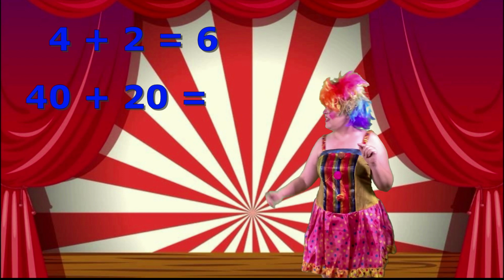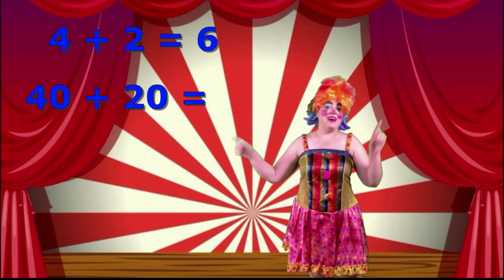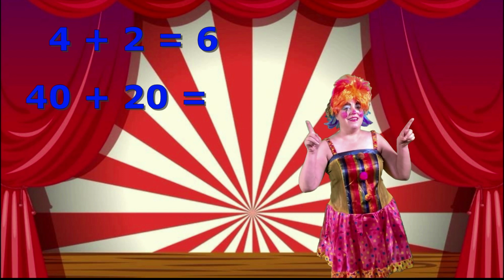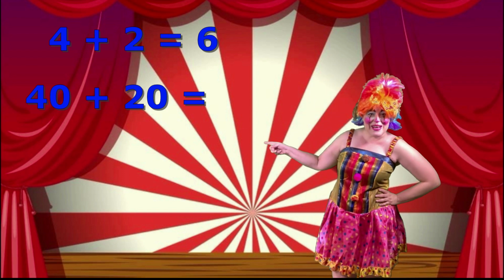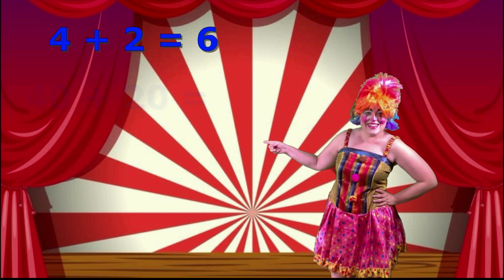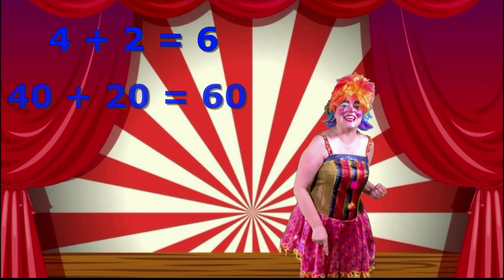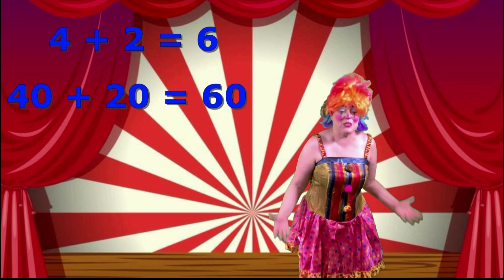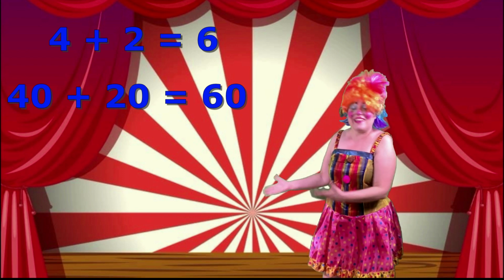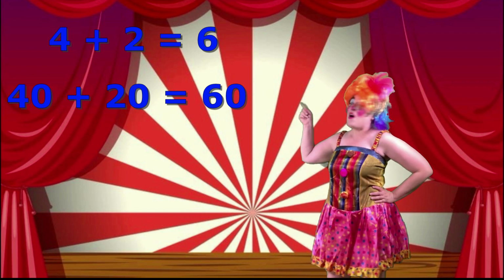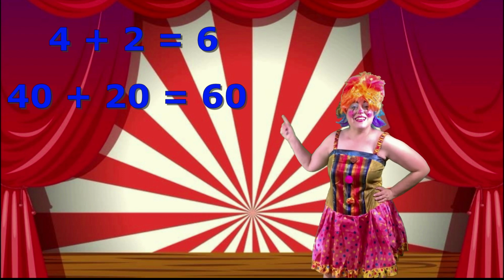So, if the numbers in the sum are 10 times bigger, what should the answer be? Fantastic! The answer to 40 plus 20 is 60, because we know that 4 plus 2 equals 6.